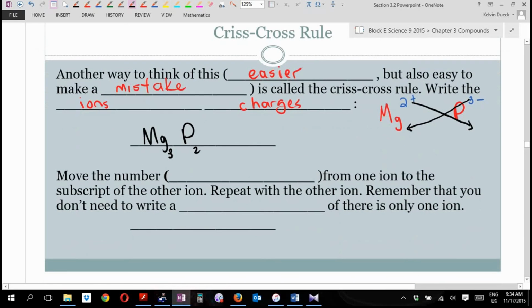So, you move the number, but not the plus or minus, from one ion to the subscript of the other ion. Oh, remember, you don't need to write a 1 if there's only one ion.